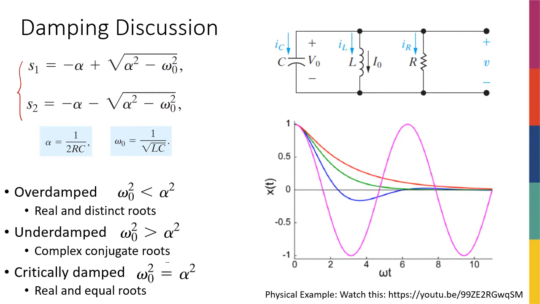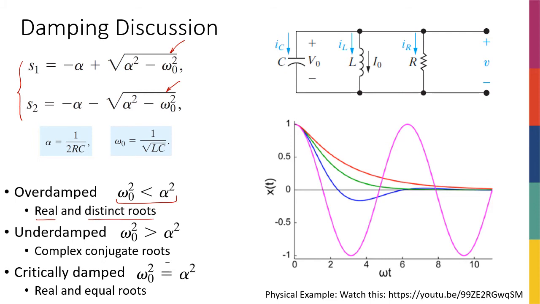Well, the first one is if alpha squared is greater than omega naught squared, right? Why is this important? Because if this is true, then whatever is under the square root symbol is going to be a positive number, for both S1 and S2. Therefore, I'm going to have real and distinct roots. By real, I mean it's a real number.